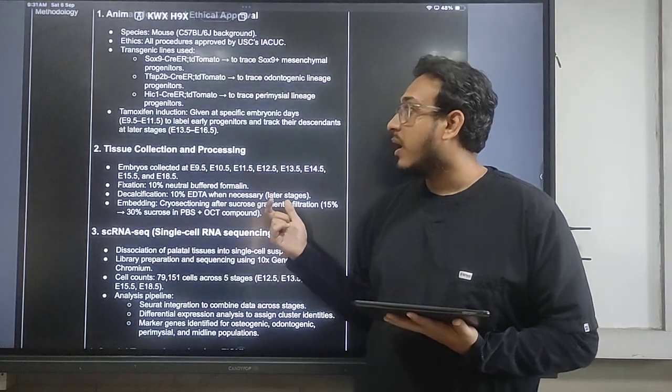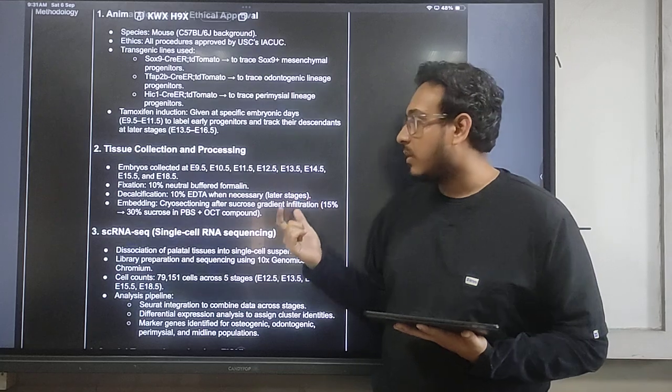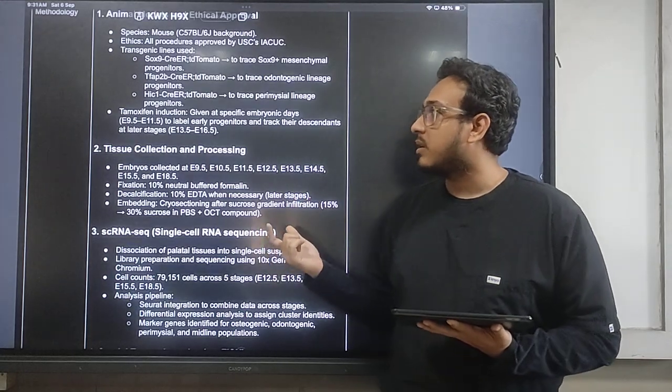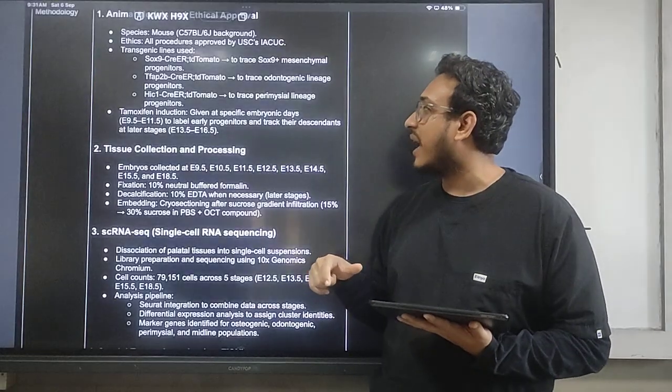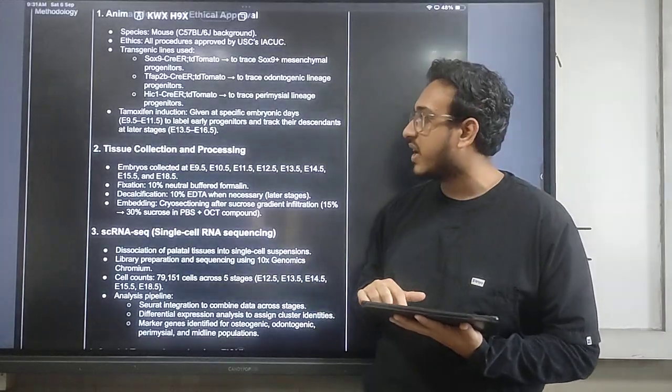And they used tamoxifen induction, which labels the early progenitors and tracks their descendants in the late stages.